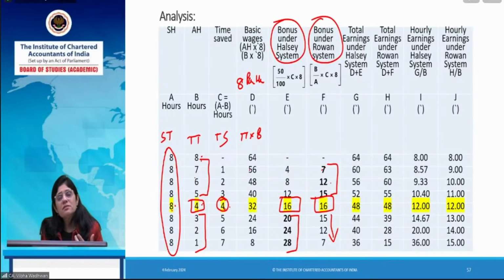Then they will be getting a higher bonus. So this analysis is going to help you, and you can take other combinations also.